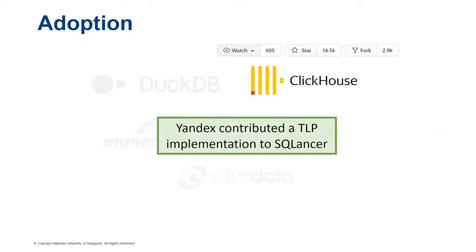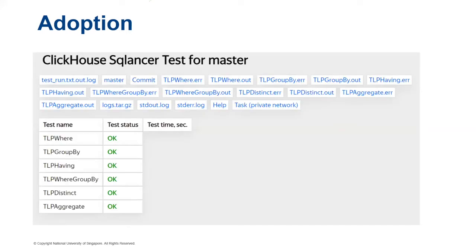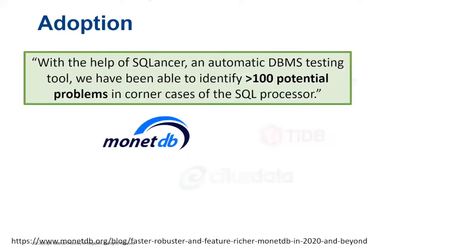So actually also other companies, for example, Ant Finance, they contributed an implementation for OceanBase. And ClickHouse also runs this regularly in their CI tests. Then MongoDB Solutions, they published a blog post a while ago. They still have been actively using SQLancer. So they, I guess, found now much more than 100 issues.